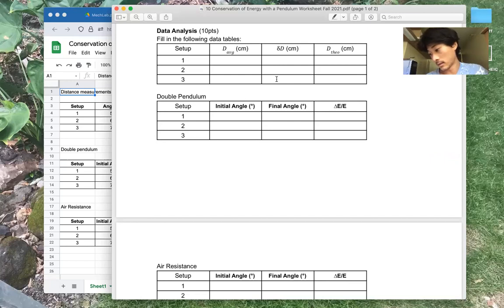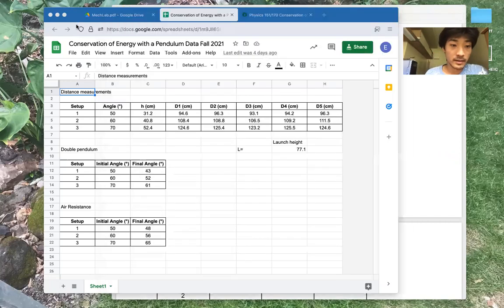Next is number 2, this double pendulum. This is the data from the double pendulum experiment. If you forget what the double pendulum is, you can read the lab manual again. But this is using the data right here.